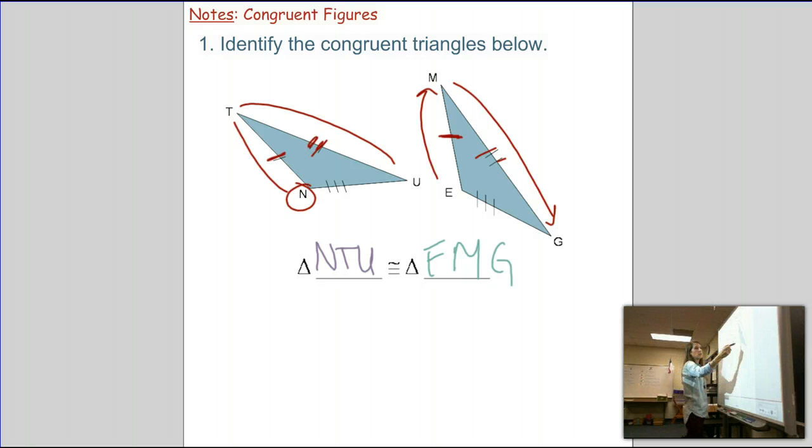Across 1, across 2. E, M, G. On these two triangles it was kind of obvious because it was just barely rotated, less than 90 degrees. But sometimes they might be flipped and rotated and turned. So you need to be careful and use the tick marks to guide how you name it.